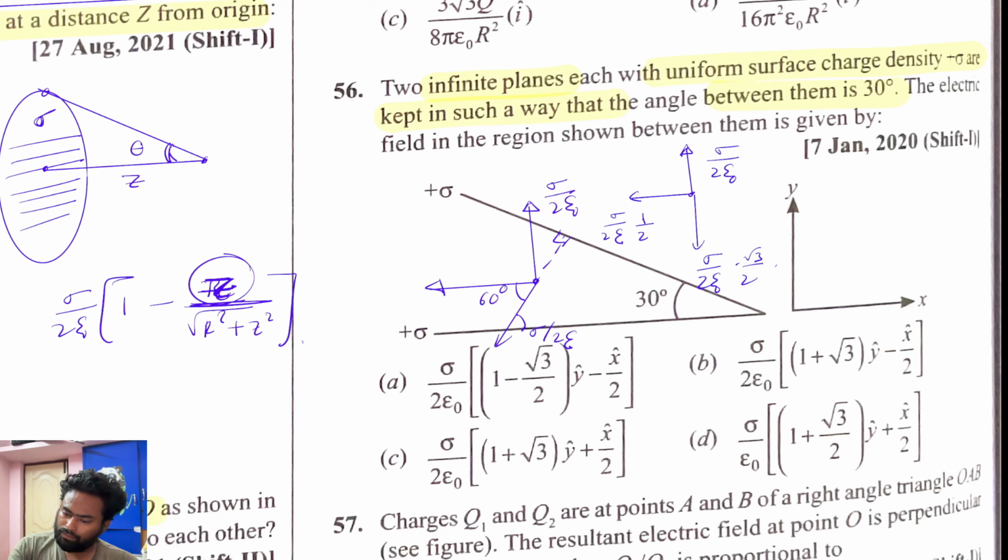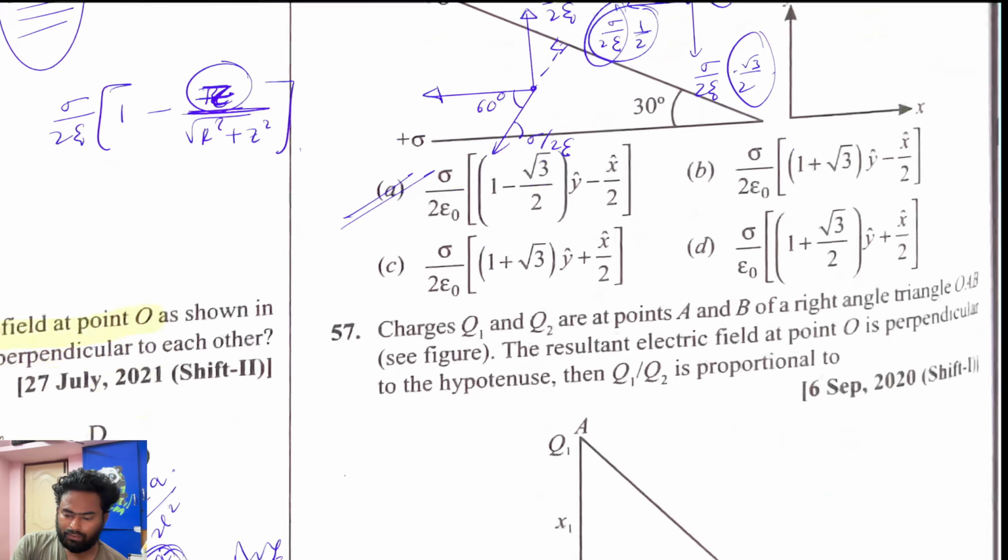So tell me which option? Sigma by 2 epsilon naught, 1 minus root 3 by 2 into y cap. And then in x, sigma by 2 epsilon naught common, 1 by 2 will remain towards the negative. So option number A. Next question.